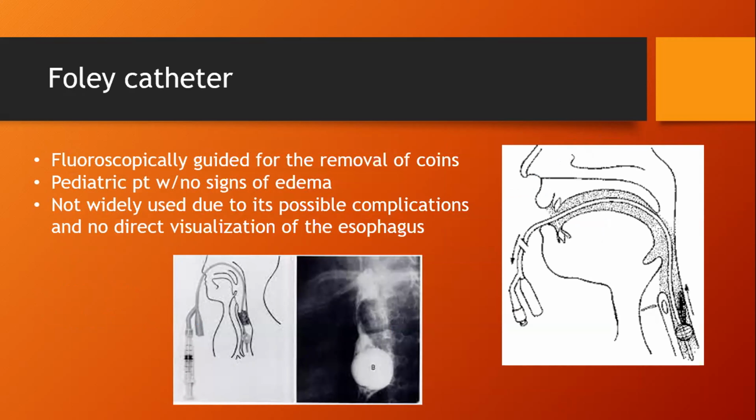So you'd insert the Foley catheter all the way down the esophagus, fluoroscopically guided. And you go all the way below the coin, and then you inflate the balloon and pull it back up. And I was reading, I believe it was ketamine that they give prior. But like I said, it's not widely used. But I just wanted to add it in there. And that's all I have.